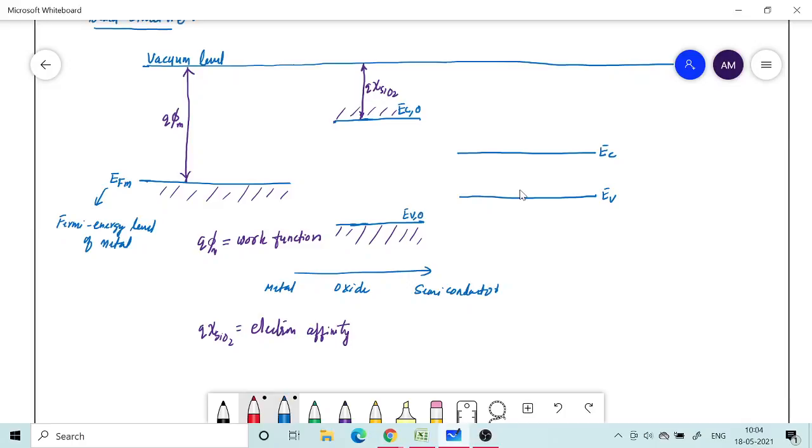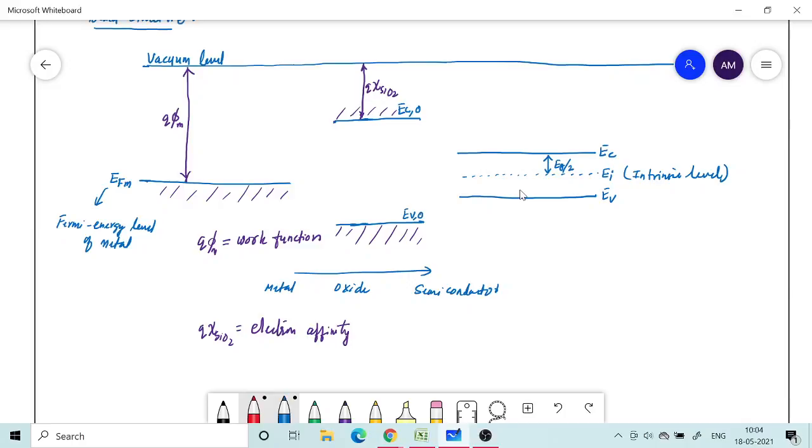Then there are other important levels. One is somewhere at the middle of EV and EC, which we will denote as EI. EI stands for the intrinsic level. I will come to the significance of the intrinsic level, and you can say that the difference from EC to EI is basically half of the energy gap.